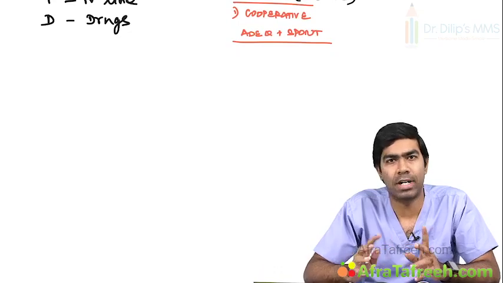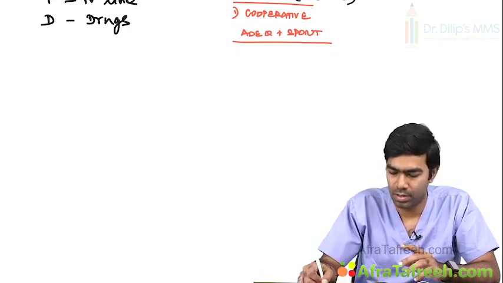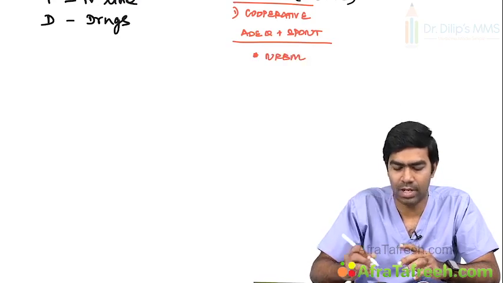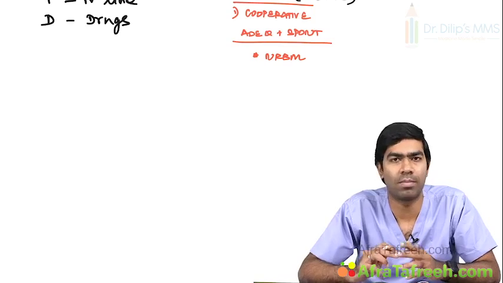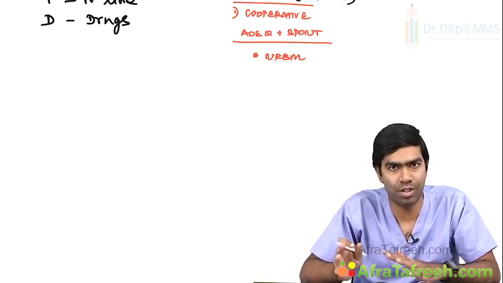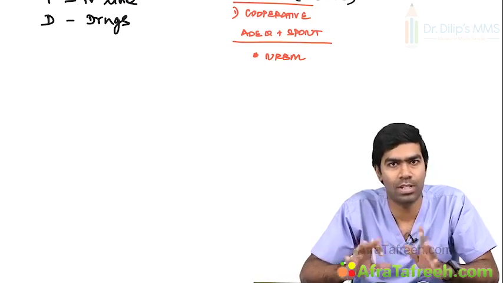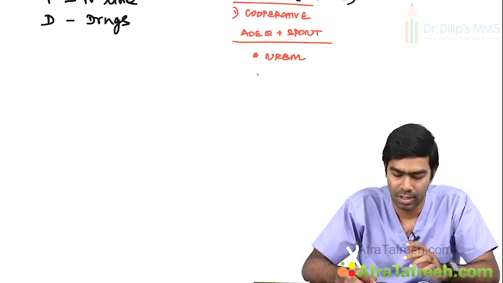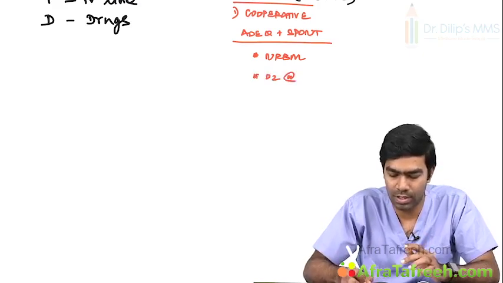So in this particular scenario, you will be using NRBM. NRBM is a non-rebreather mask. So you have a separate section on oxygen delivery devices. So don't worry about these technical terms right now. NRBM is what we are going to use, non-rebreather mask, where oxygen will be flowed at flush rates.